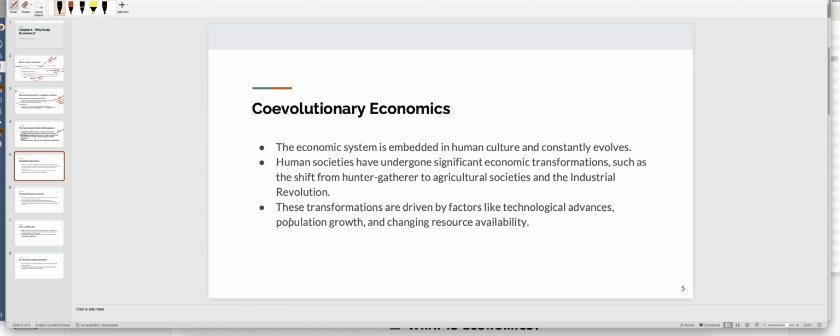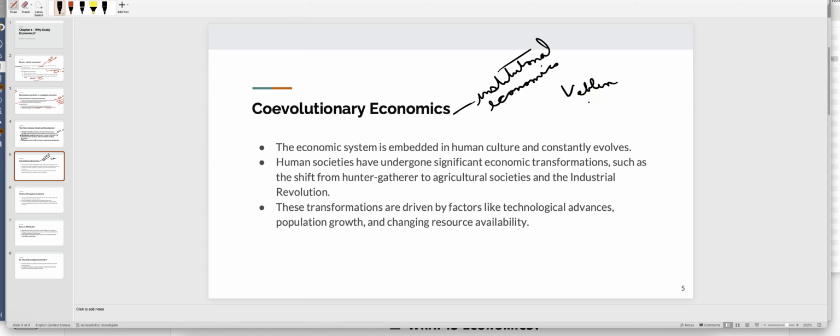So a lot of this is going to come also from institutional economics. And for those of you who've taken history of economic thought with me, that would be individuals like Veblen and whatnot.